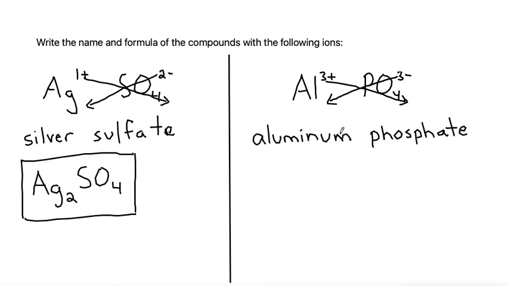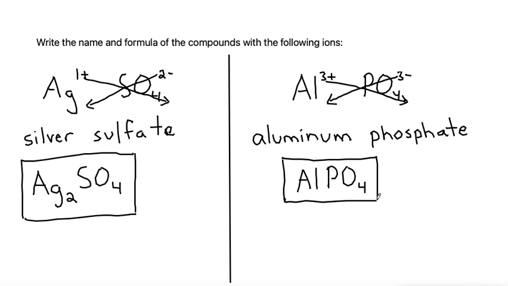Basically a subscript of 1 for each one. So the Al will have a subscript of 1, which you don't have to write. And also the PO4, since it's a polyatomic ion, we would normally use brackets to put the subscript on it, but because it's a 1, we don't have to use brackets. So it is AlPO4 for the formula for that one.